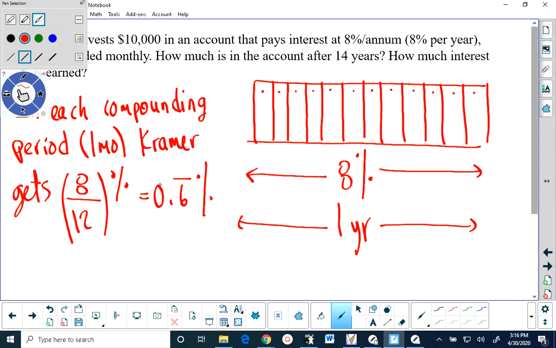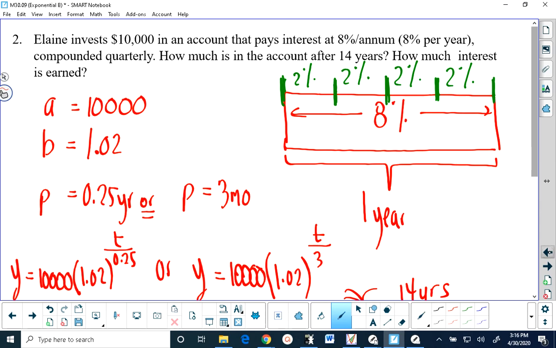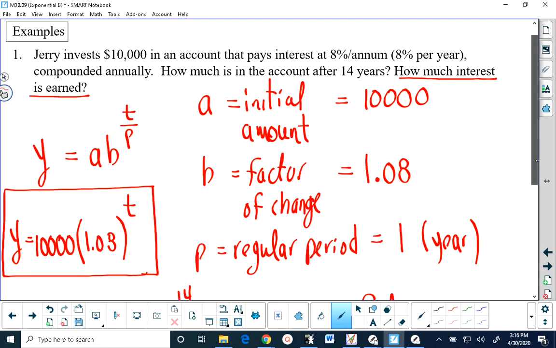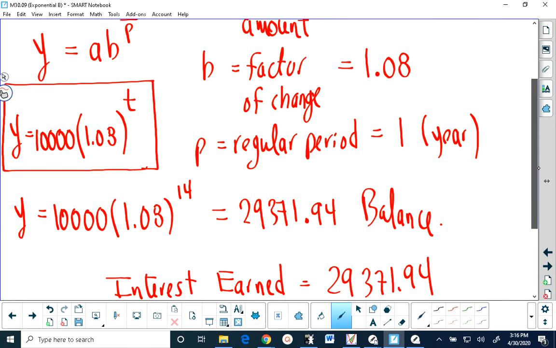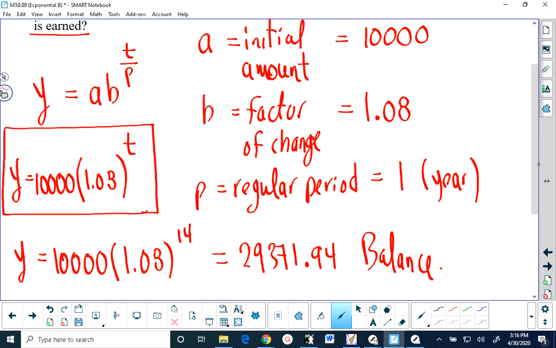Now let's just stop for a second. When we had Jerry's investment and he was getting 8%, we didn't take 1 plus 8 to get this number. We took the percentage and divided it by 100 and then added it to 1.